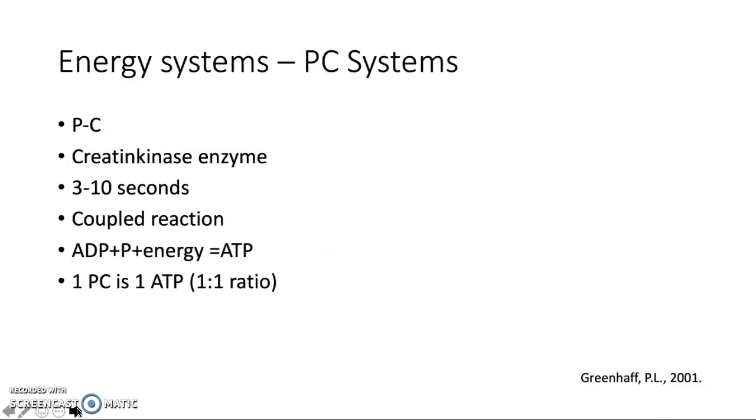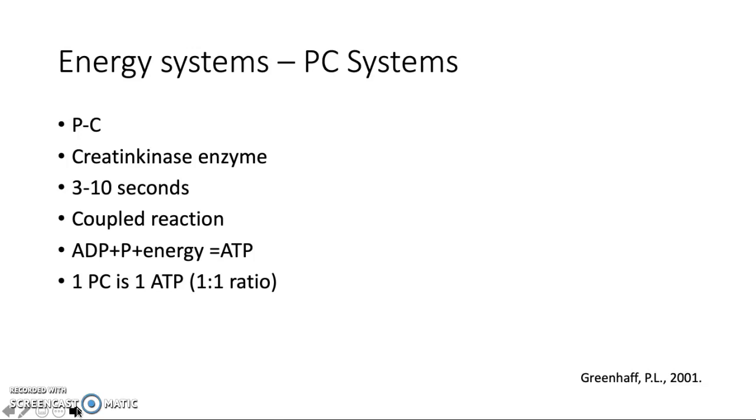The PC system uses phosphocreatine. The chemical chain for PC is P-C, which is phosphate-creatine, with the bond creatine kinase in the middle. This is the bond which breaks to release the energy, called an exothermic reaction.